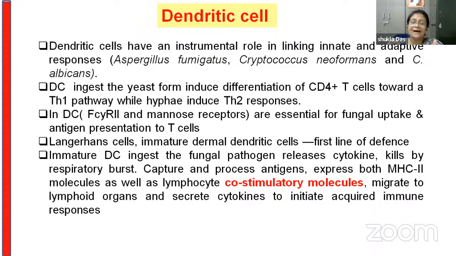Co-stimulatory molecules are a signal that stops the T cell from identifying the self-antigen. So if a co-stimulatory molecule is absent, then fungal infection can be fulminant, and the patient usually has invasive infection. So co-stimulatory molecules are the very important secondary signals to allow T cells to mature and activate.